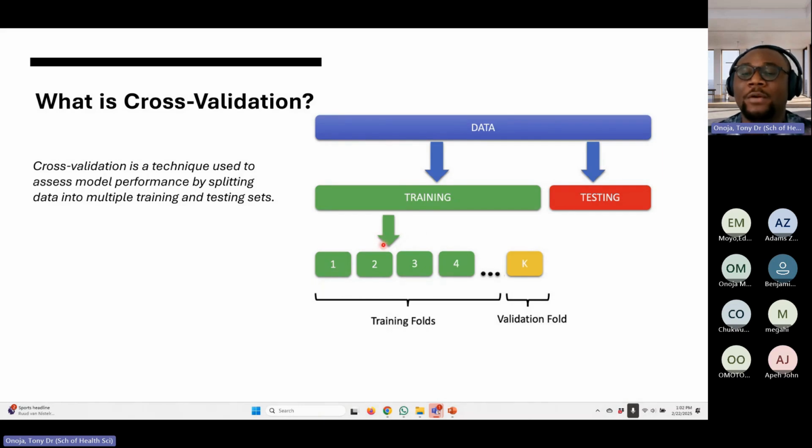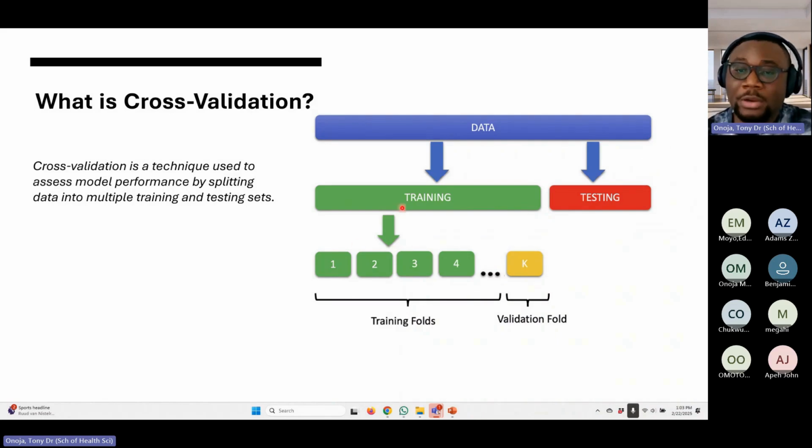So what the cross-validation does is, and again, it depends because I've seen cases where when you're using cross-validation, you don't need to split into training and testing. Rather, what they will do is that they will take a portion and keep it aside and say, okay, this is for the final testing. Then the whole thing that they have in the training, they split it and then they test.